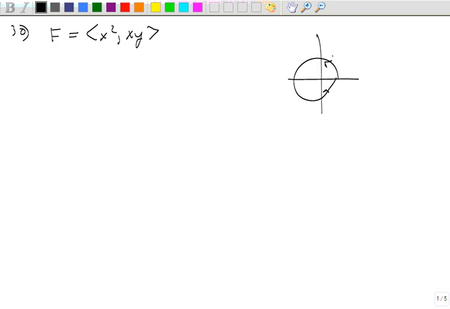I'm going all the way around it, so the parametric equations are 2 cosine t, 2 sine t, and it goes from 0 to 2 pi because you go all the way around the circle.